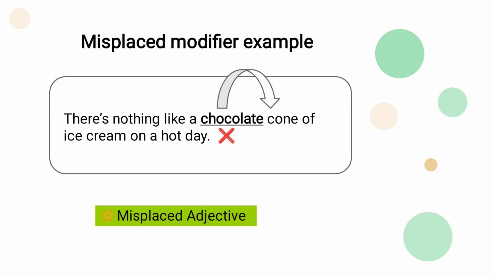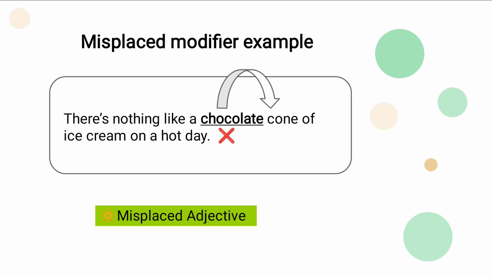But the chocolate is just next to the cone, so we have wrong information like the cone is with chocolate flavor, right? So the problem is chocolate should be next to ice cream, but it's far from the word it wants to modify.